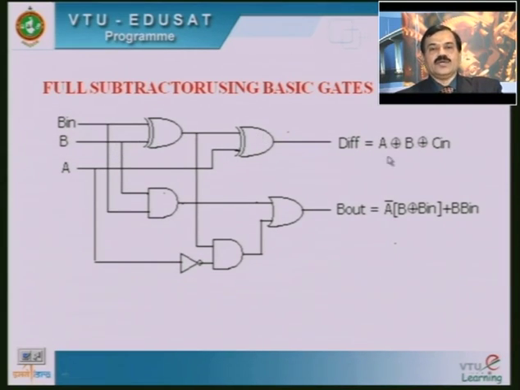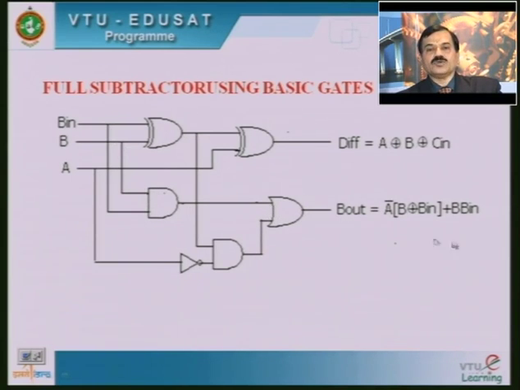The difference value A exclusive-OR B exclusive-OR B in is taken, and similarly by making use of these basic gates, we get the B out. Here A is taken through this as A bar, and the exclusive-OR output of B and B in, that value is available here and taken as one input of this gate, and B in and B multiplication value is taken as one input.